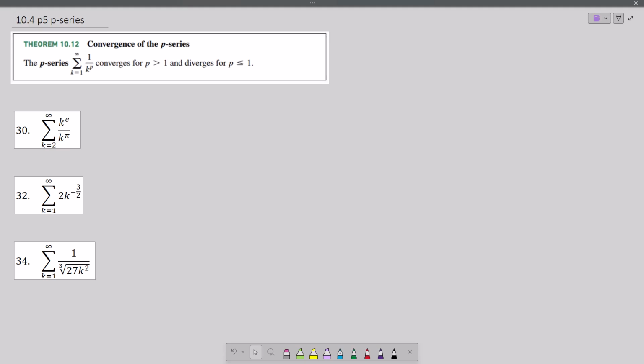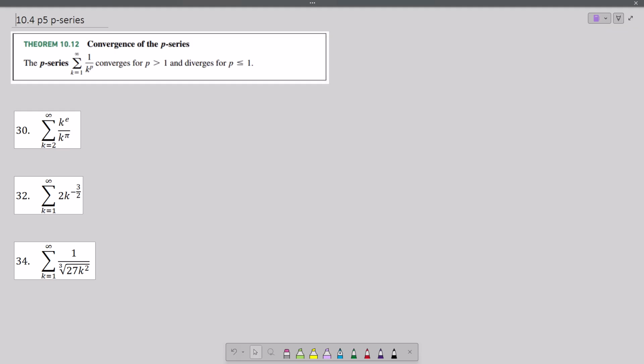When we did improper integration and we were analyzing a power of x in the denominator, if the power on the x were bigger than 1, the horizontal tail was finite. That's what a p-series is. A p-series is analyzing the power of the denominator's k, or whatever it happens to be, k, n, x, whatever.